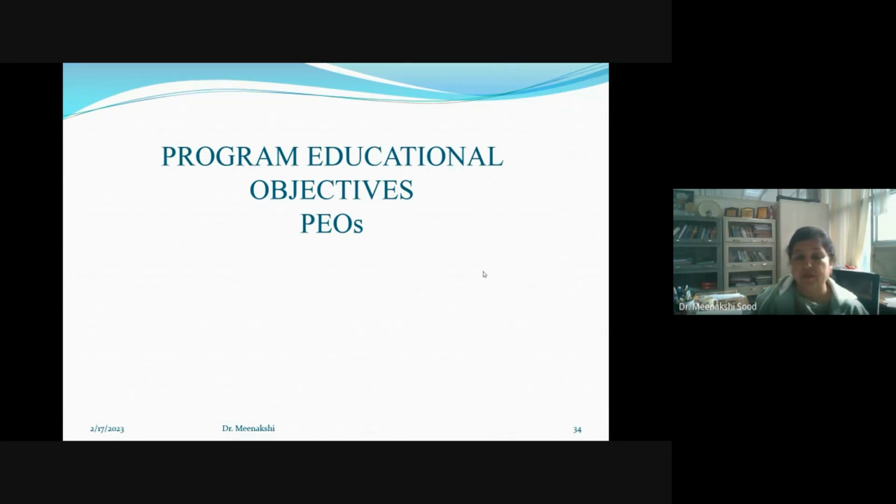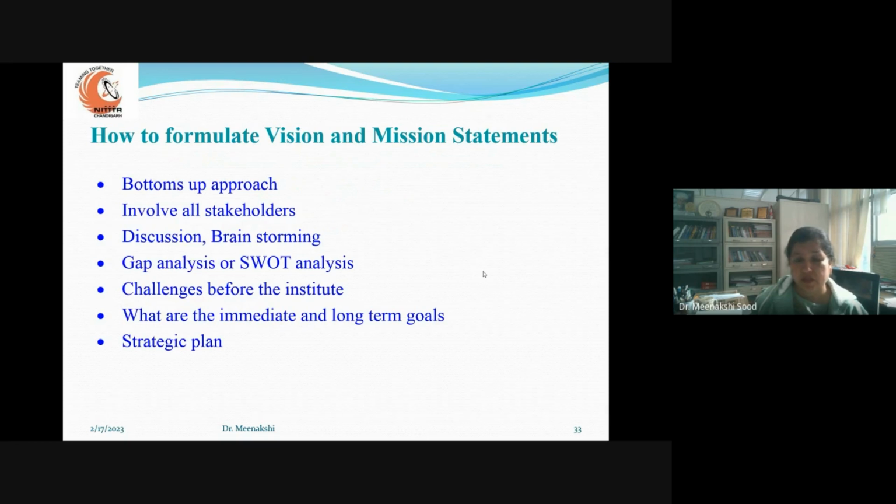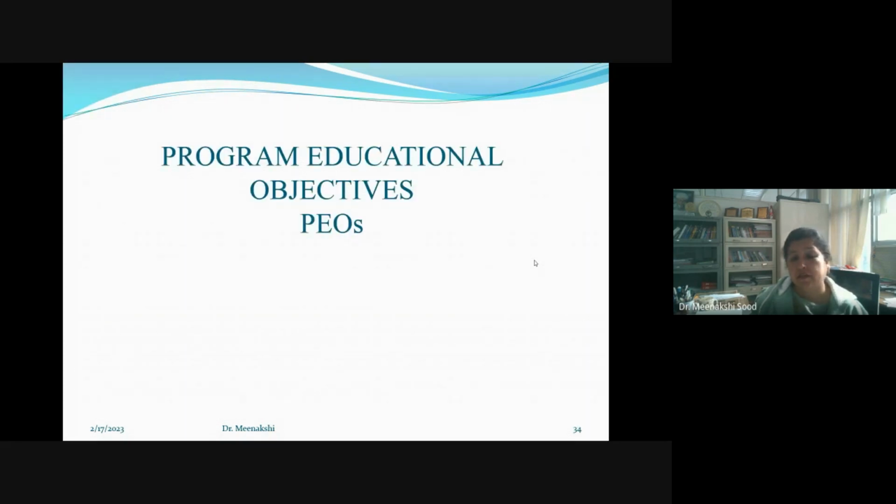The first thing we talked about earlier was the vision and mission statement. Then we have to frame program educational objectives.